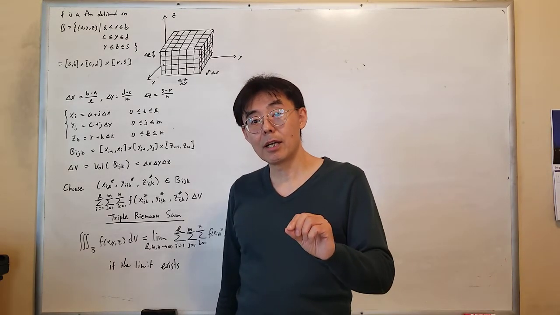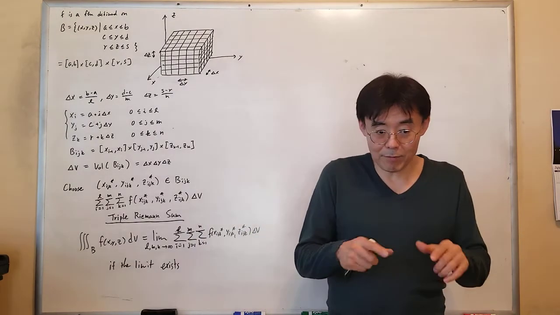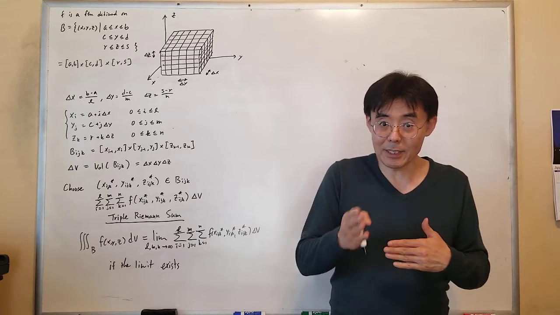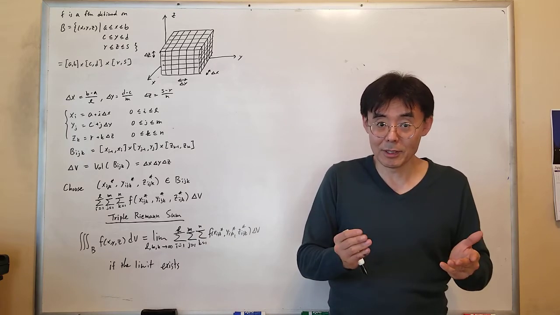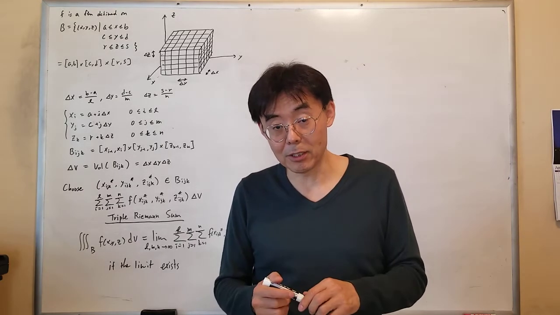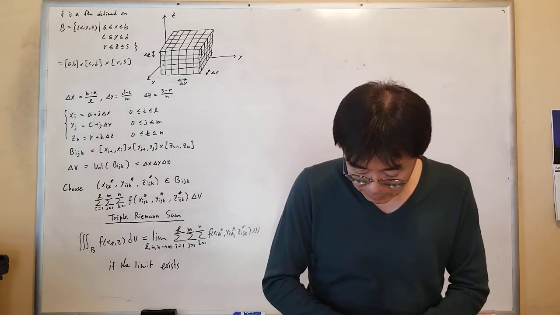Then, just like the double integral case, when you have a rectangular domain, you are able to write it as an iterated integral in any order, as long as your function is integrable, actually especially if it is continuous. That was called Fubini's theorem.